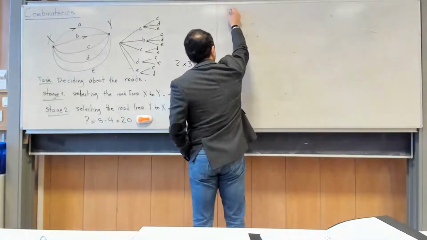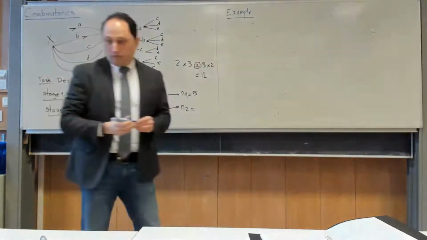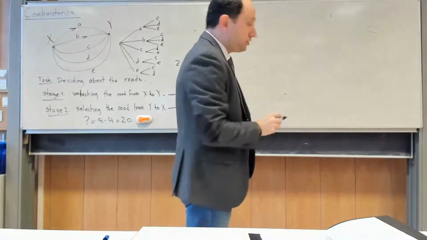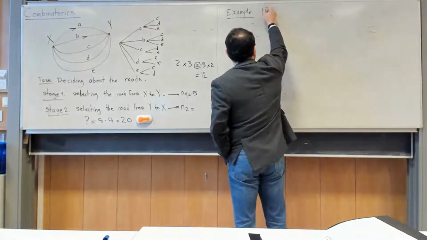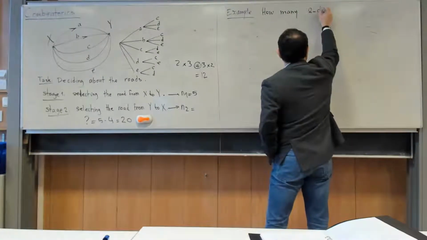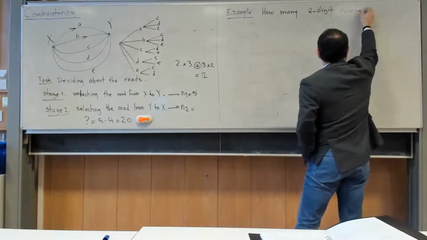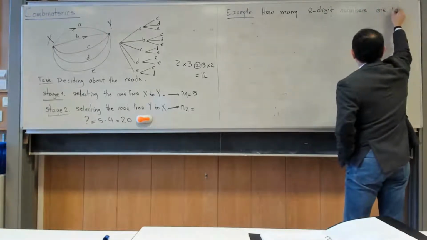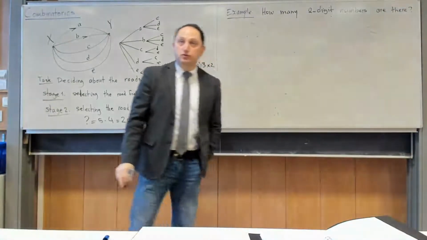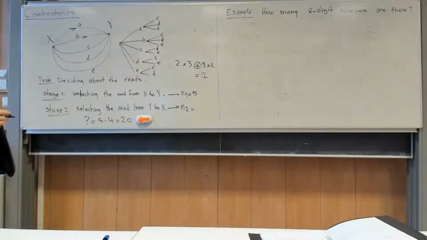So example: how many 2-digit numbers are there? Of course, this is the simplest possible question, but I want you to use the product rule to answer these simple questions. So how many 2-digit numbers are there?